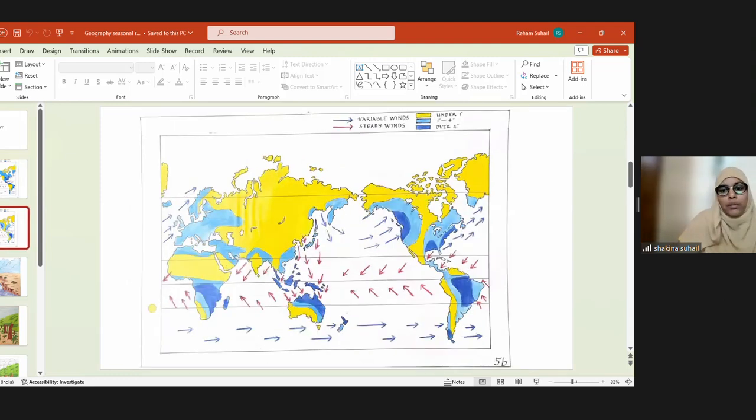Shakina ma'am, could you please repeat the second one? The effect of moisture-laden air on land masses. Okay, ma'am. Thank you. And also depending on the time of the year. So these are the two charts that we will be focusing on.